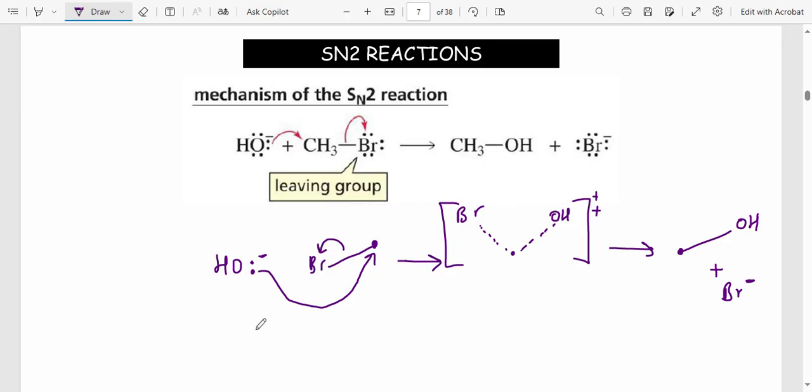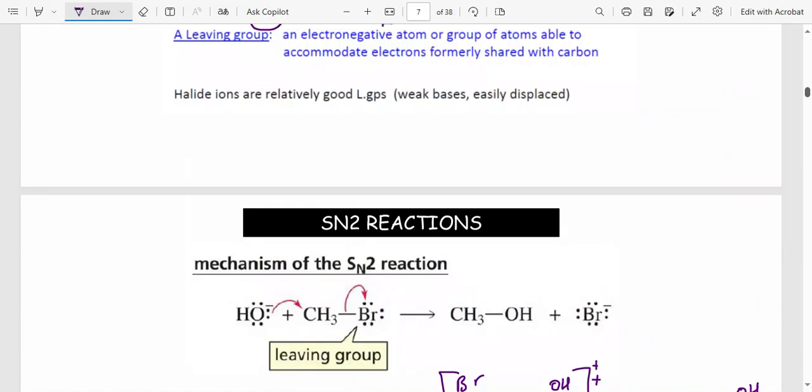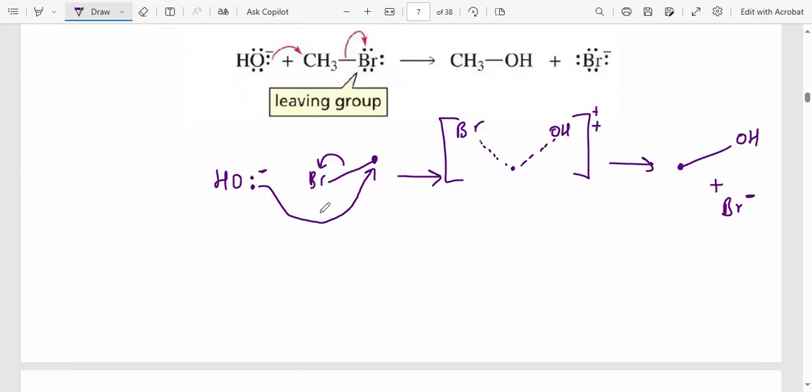Okay. So when you look at an SN2 reaction, it's important to understand that you actually have a nucleophile, and then plus you have got alkyl halide. How we represent alkyl halide is just X with R. R is the alkyl, X is the halogen. And then you are going to have first your intermediate.